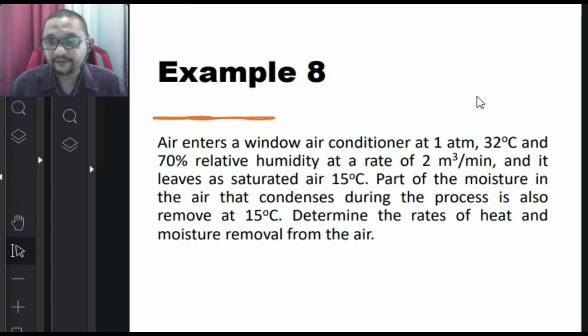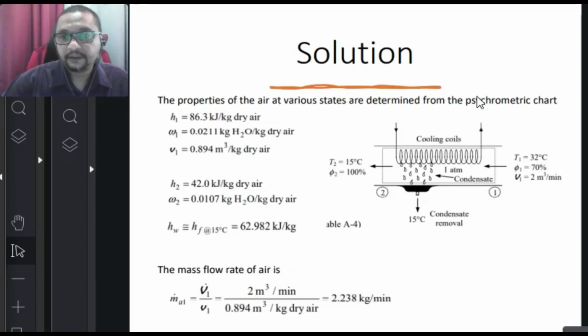Determine the rate of heat and moisture removed from the air. So the air is cooled and dehumidified by a window air conditioner. What you have to find is the rate of heat and moisture removed.